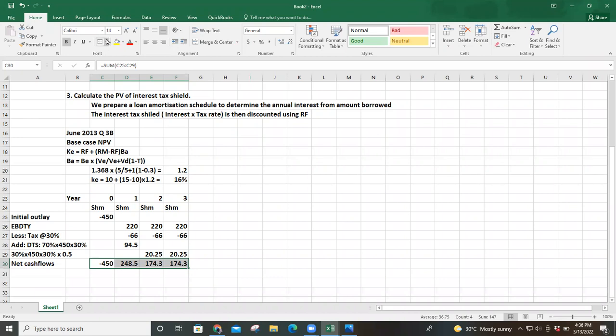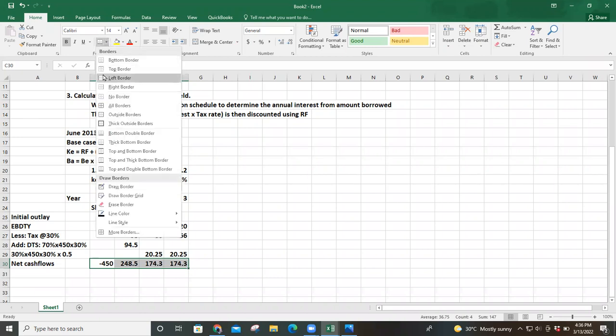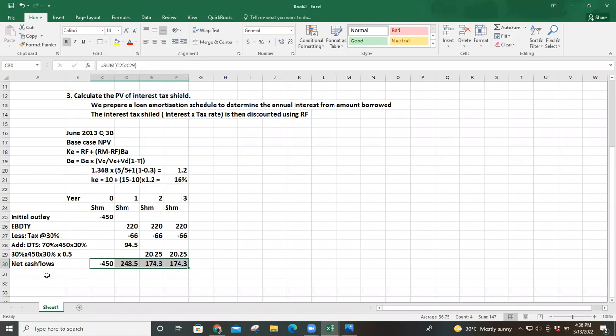Now, after having our net cash flows, we need to discount those cash flows.